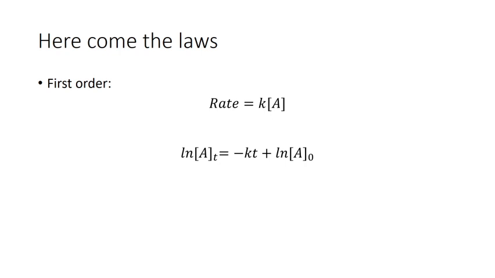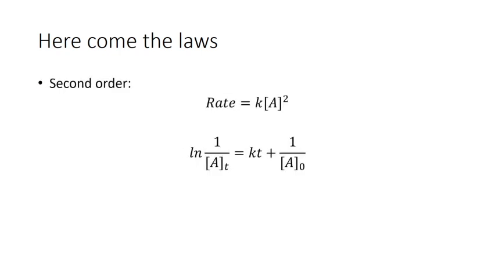We can arrange it after integrating into a linear equation that will look something like this, where we have the natural log of the concentration at time t equal to negative kt plus the natural log of the concentration at time 0. This should probably look kind of familiar from talking about half-life in the nuclear unit.